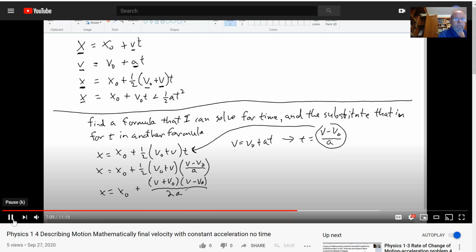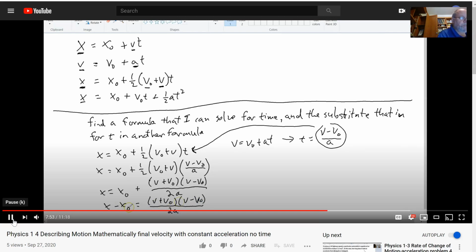In order to get final velocity on one side, I'm going to need to get rid of the 2a and the x0, the initial position. So I'm going to subtract x0 from x and get that on the other side. So now I have x minus x0 equals v plus v0 times v minus v0 all over 2a.